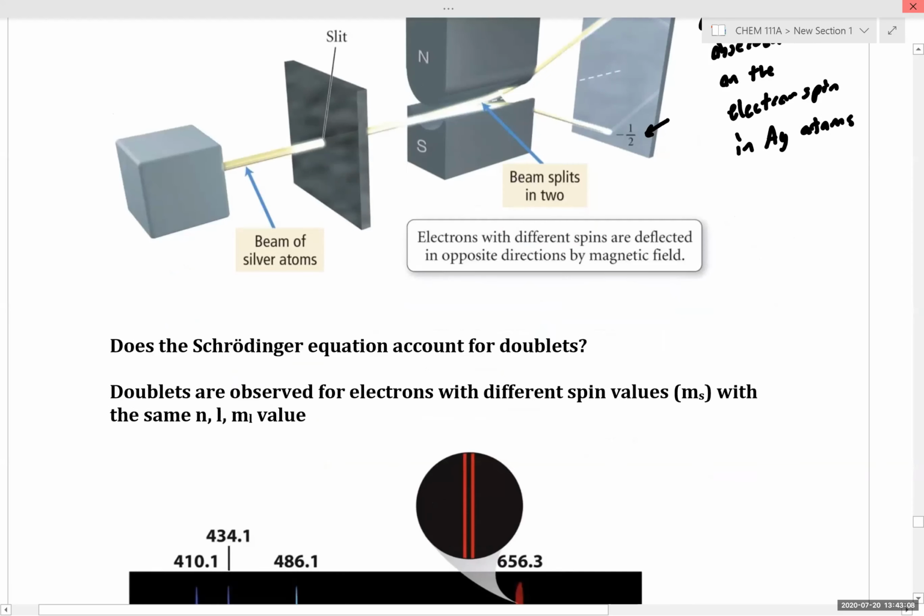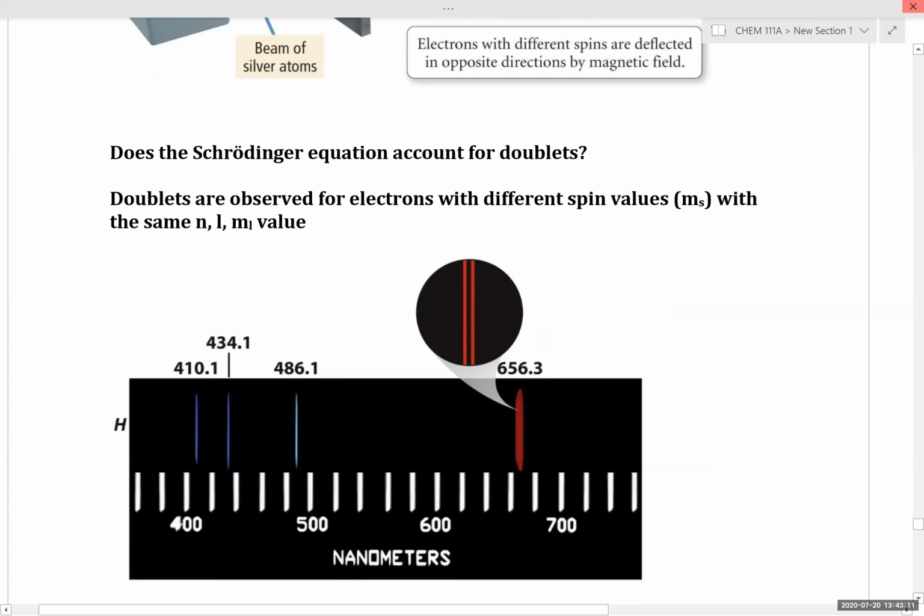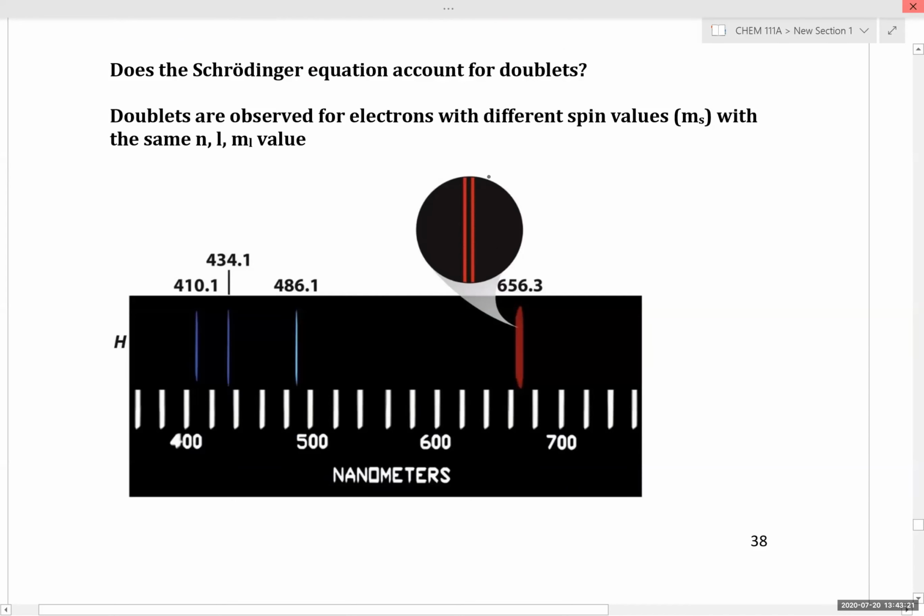Also, if you are paying close attention to our description and our observation for the emission spectrum of hydrogen, what we see in many emission spectra is the appearance of what are known as doublets.